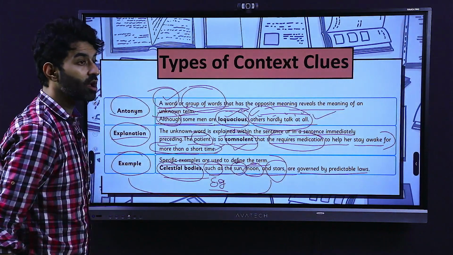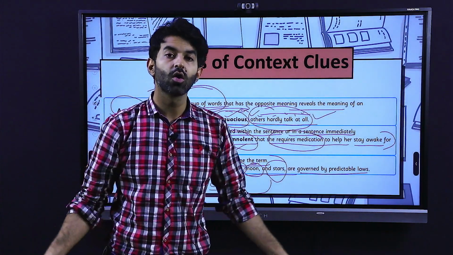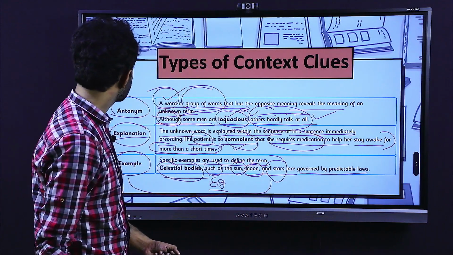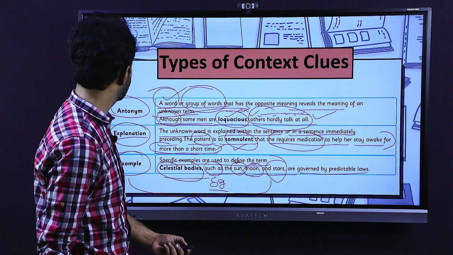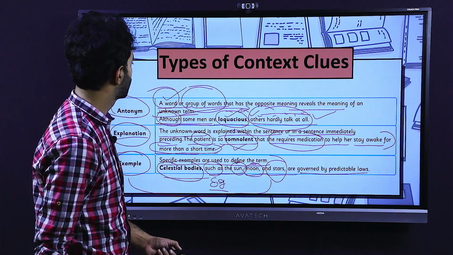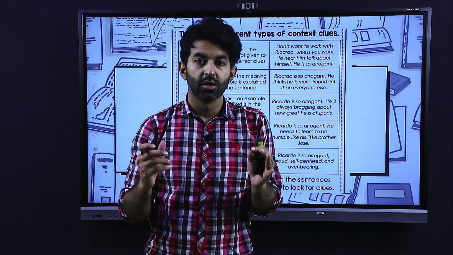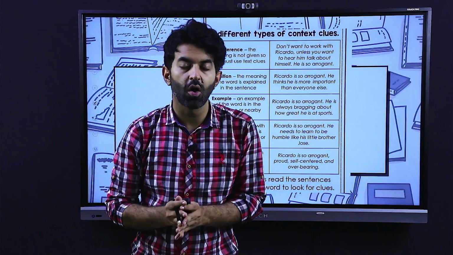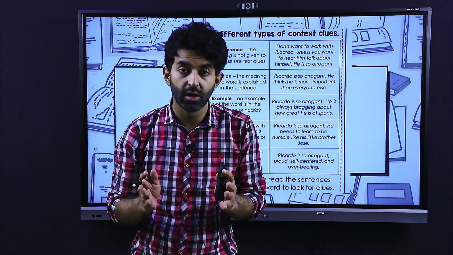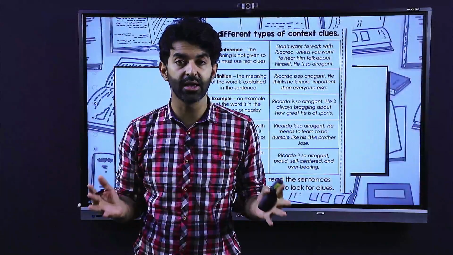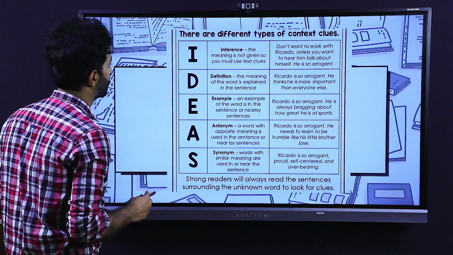And this is an example of context clues, right? So this is an example context clue. All right. Okay, now, students, there's a very quick way of memorizing all these different kinds of context clues using the acronym IDEAS.